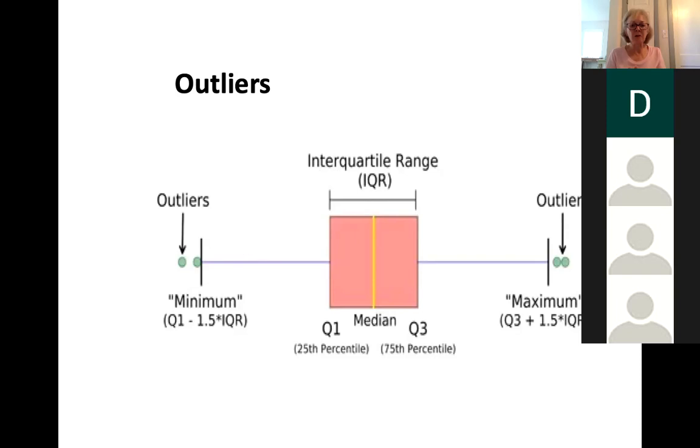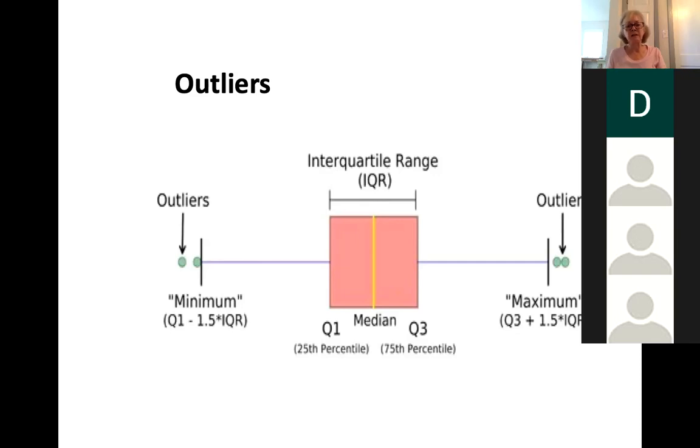If you're smaller than that imaginary fence, you're an outlier. On the other hand, on the upside, you take Q3 and you add 1.5 times the width of the box, and there's an imaginary upper fence. If you're bigger than that upper fence, you're an outlier.